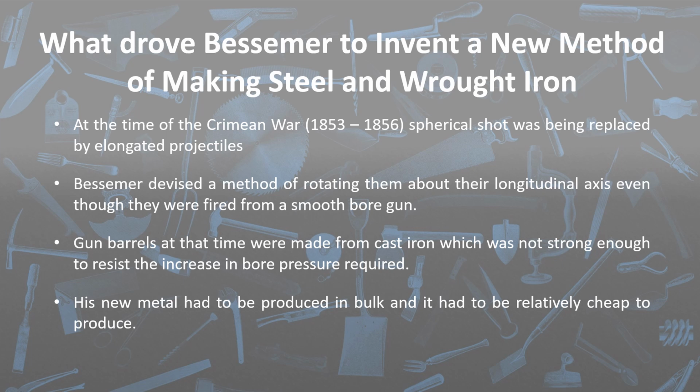Gun barrels at that time were made from cast iron, which was not strong enough to resist the increase in bore pressure required. His new metal had to be produced in bulk, and it had to be relatively cheap to produce.